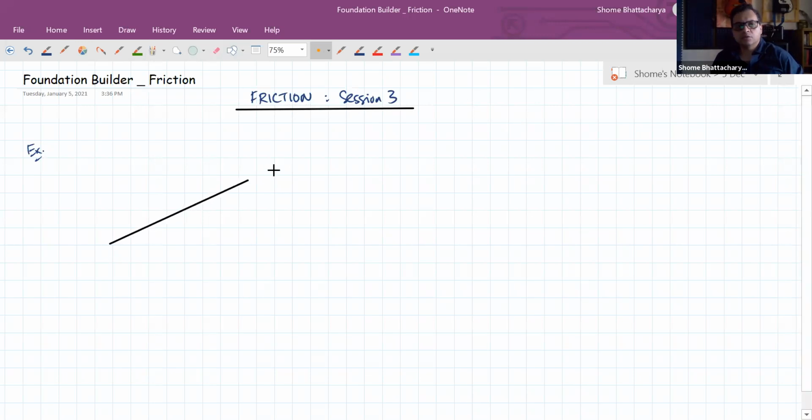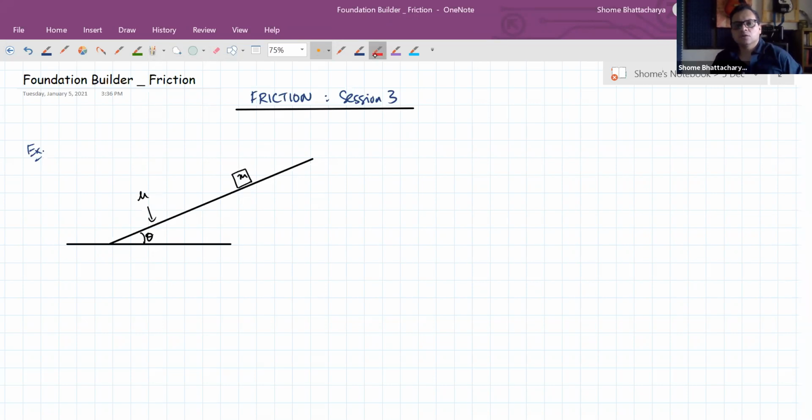So we had seen the important concept that if we have a rough inclined plane of angle of inclination theta, and coefficient of friction mu, then for any object placed on this, like a block of mass m, the component of weight which is normal to the surface is mg cos theta, and the component of weight which is tangential to the surface is mg sin theta.